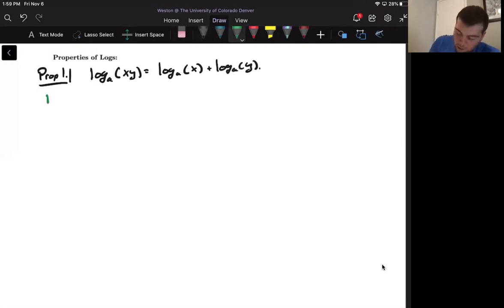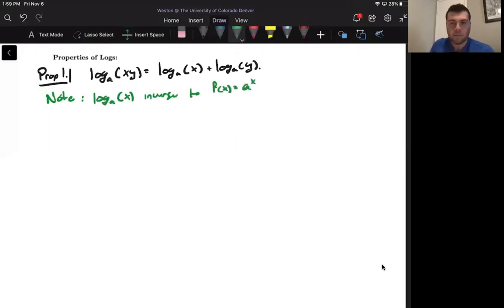And also we'll note in the previous videos, log a of x is just the inverse to f of x equals a to the x. So we're just sticking the base down at the bottom.